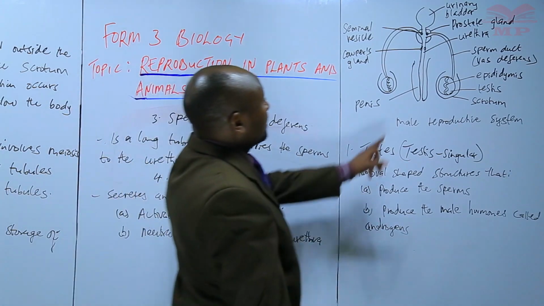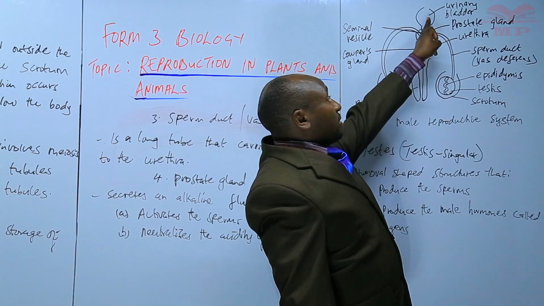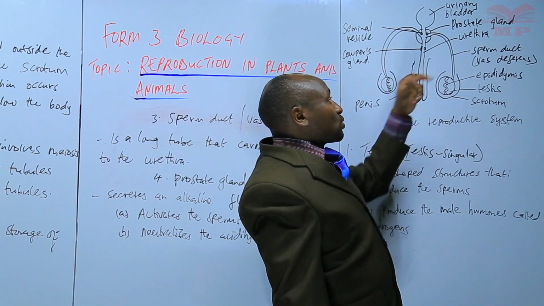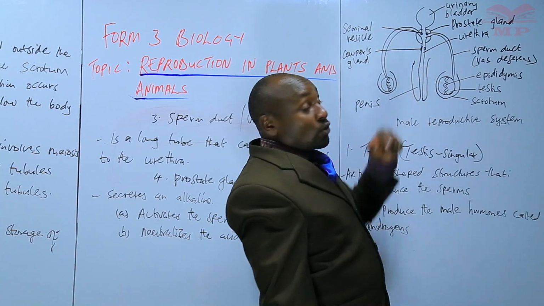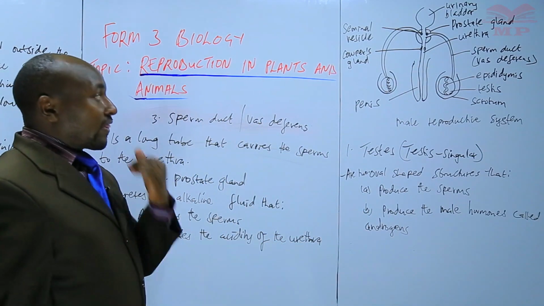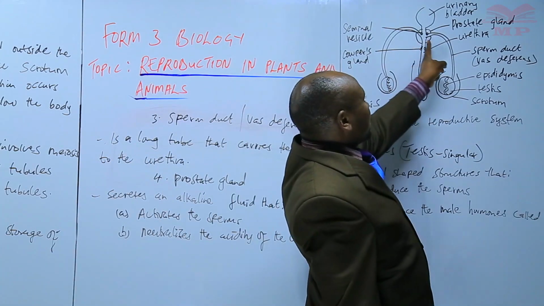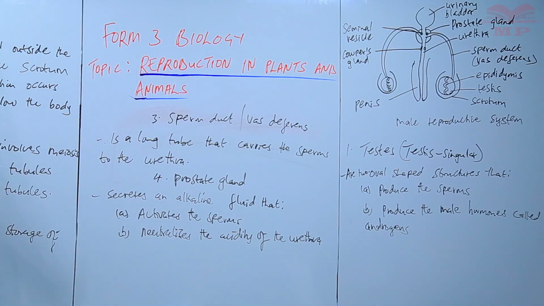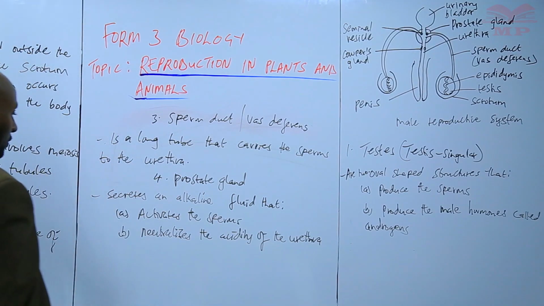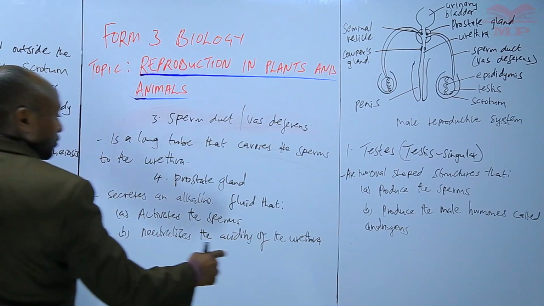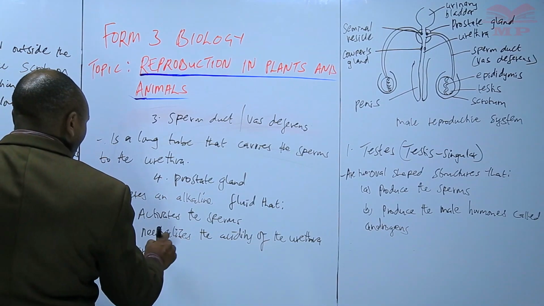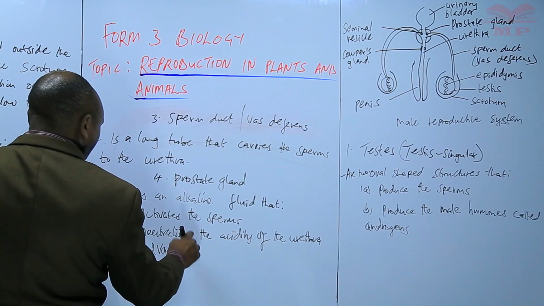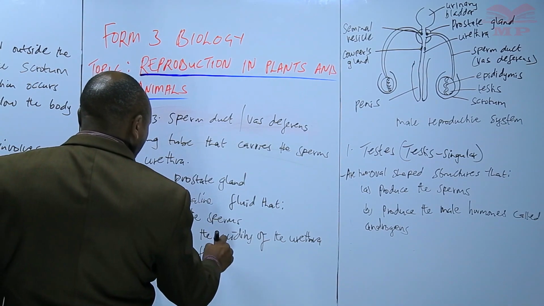So the urethra is acidic because it's also the passage of urine. The urine that is coming from the urinary bladder also passes through the urethra. So there is the chance of acidity as a result of the urine. So the prostate gland releases an alkaline fluid that neutralizes that acidity, the acidity of the urethra and the acidity of the vaginal fluids.